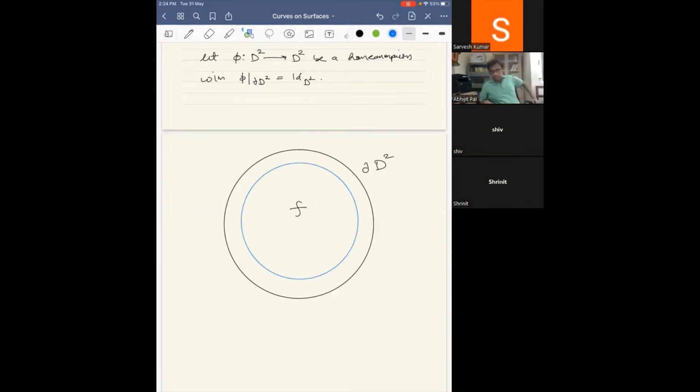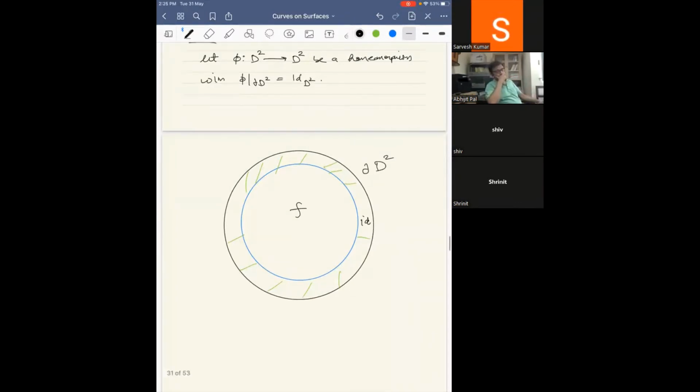More and more time you stay there, and you apply F inside this smaller disk, and then just continue like this. So this F will shrink, and ultimately your map is the identity. So that is the Alexander trick. I hope the idea is clear.